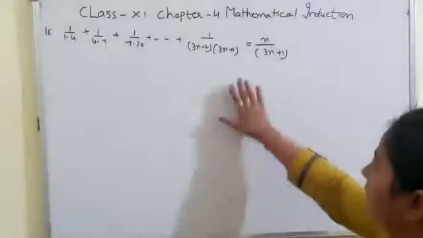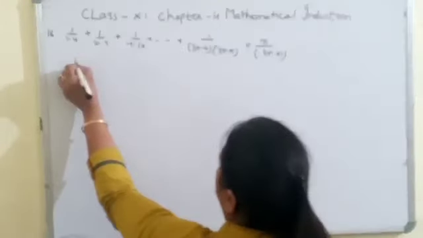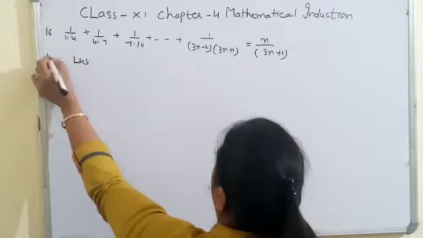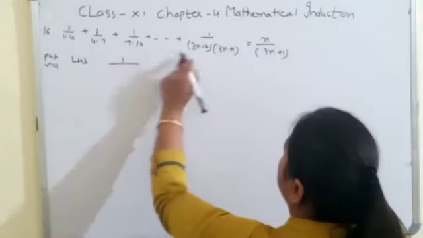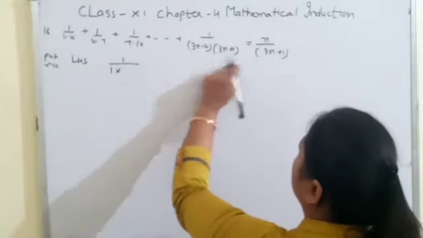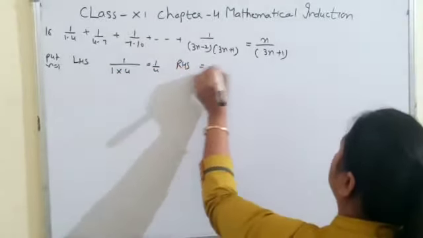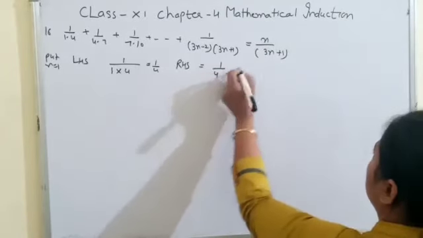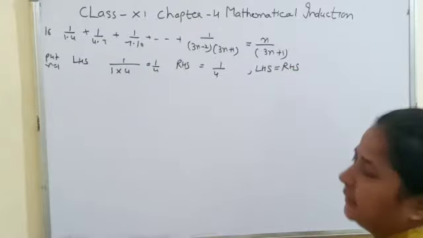Firstly we will check it for n equal to 1. Substitute n equal to 1 on the left hand side: 3 minus 2 is 1, 3 plus 1 is 4, so it is 1 by 4. And on the right side, 1 by 4. So left hand side is equal to the right hand side.